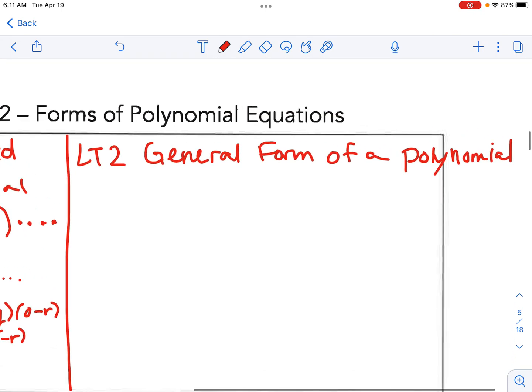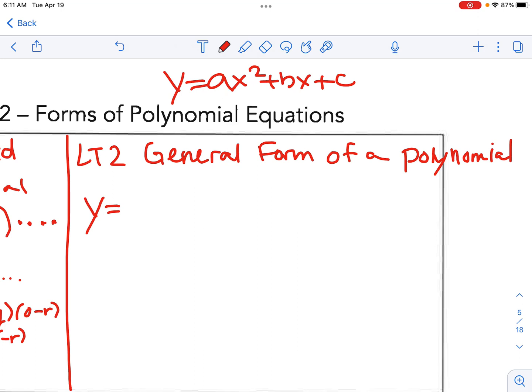Okay, so the general form of the polynomial, if you remember for quadratics, is ax squared plus bx plus c. We follow that general pattern, but since we're talking about higher degree polynomials, we don't know the highest degree there. The highest power is bigger than 2.